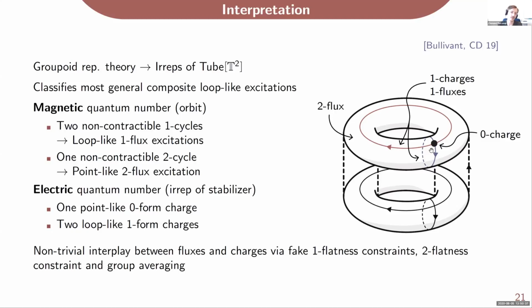But now we also have one-charges, one-dimensional charges that correspond to violation of the one-form gauge invariance along the non-contractible cycles of the torus. And there is a non-trivial interplay between all this via the different constraints, but also the fact that we have to do this group averaging to define the ground states.